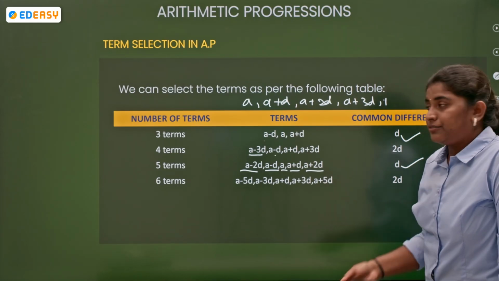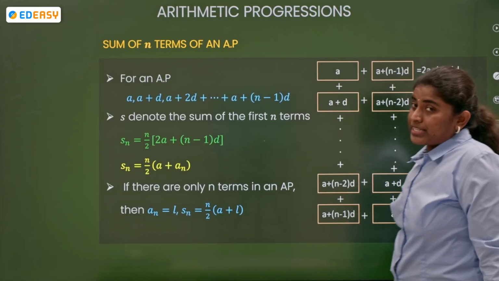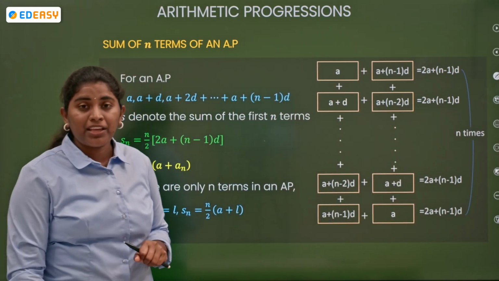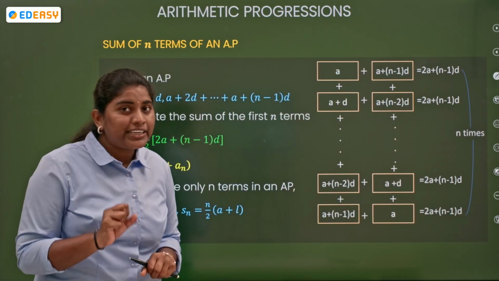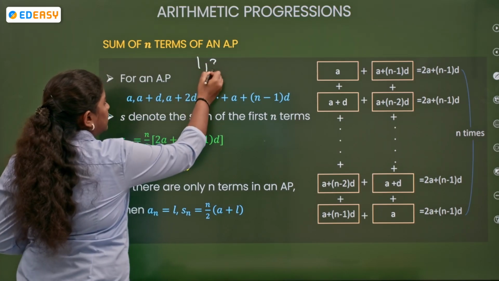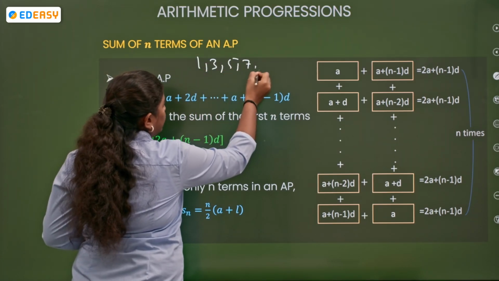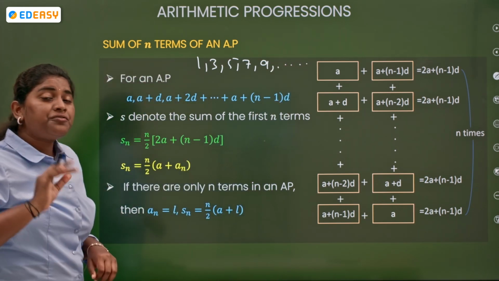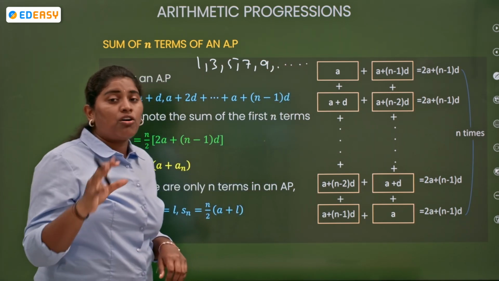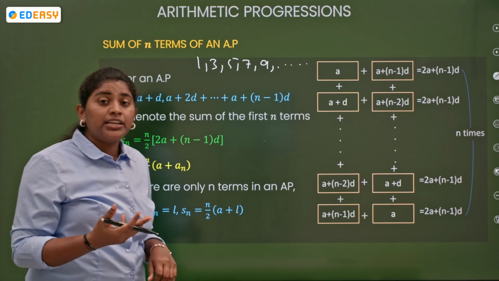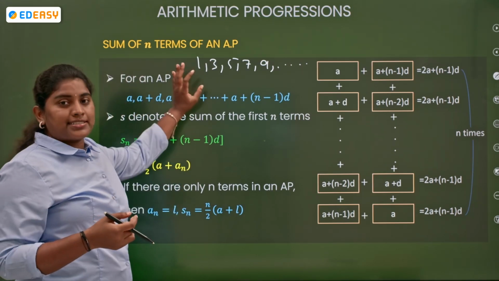Moving to the next, sum of n terms of an AP. What does the sum of n terms mean? For example, consider our basic one, 1 3 5 7 9 and so on. This is an infinite AP, and I need to find the sum of the first 10 terms, or the sum of the first 15 terms. How will we find it? Using the formula Sn.